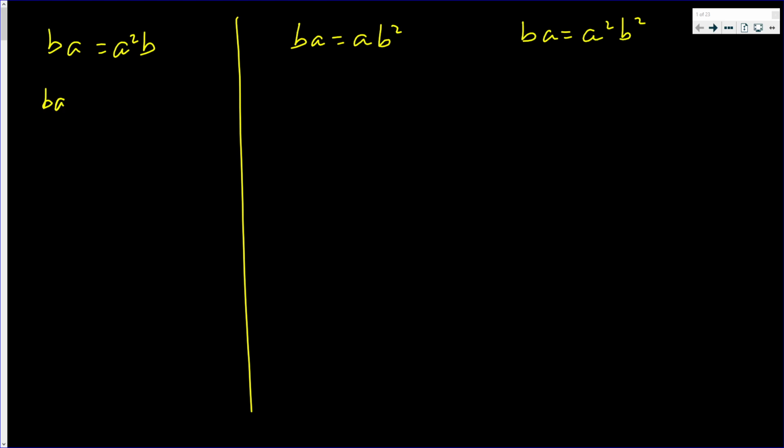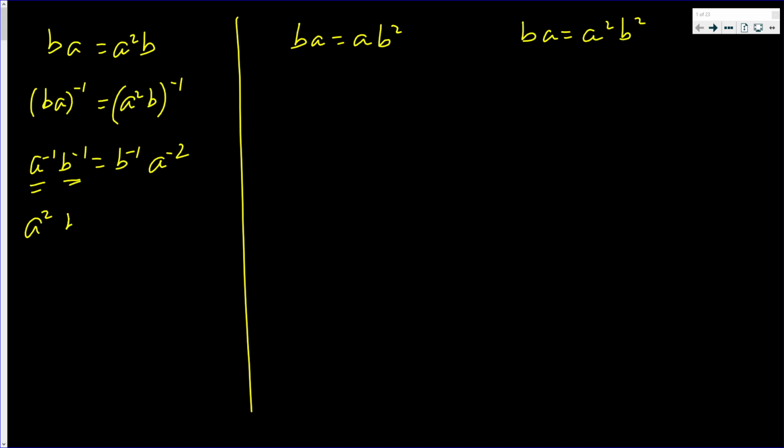If I take the inverse of both sides on this equation, I get that A inverse B inverse is equal to B inverse times A squared inverse. But A inverse is A squared, B inverse is B squared.